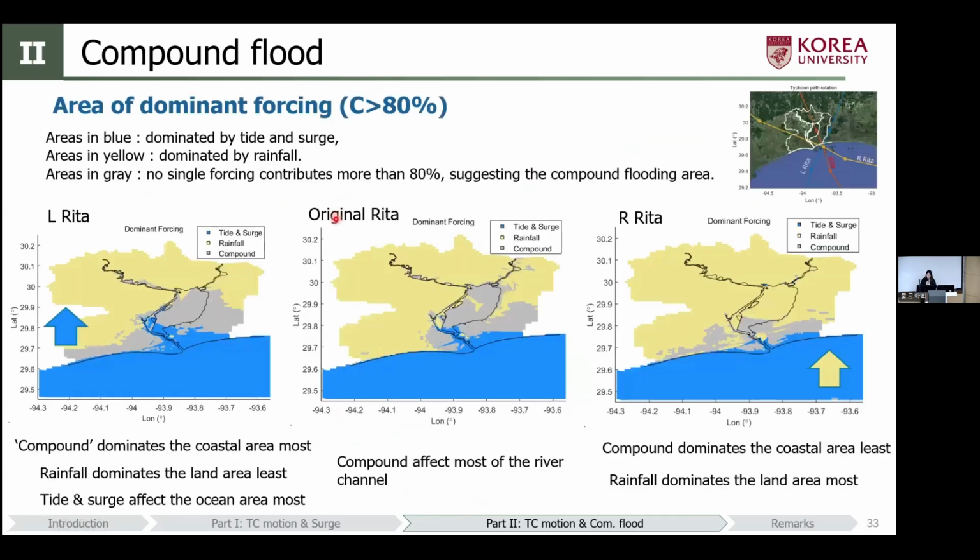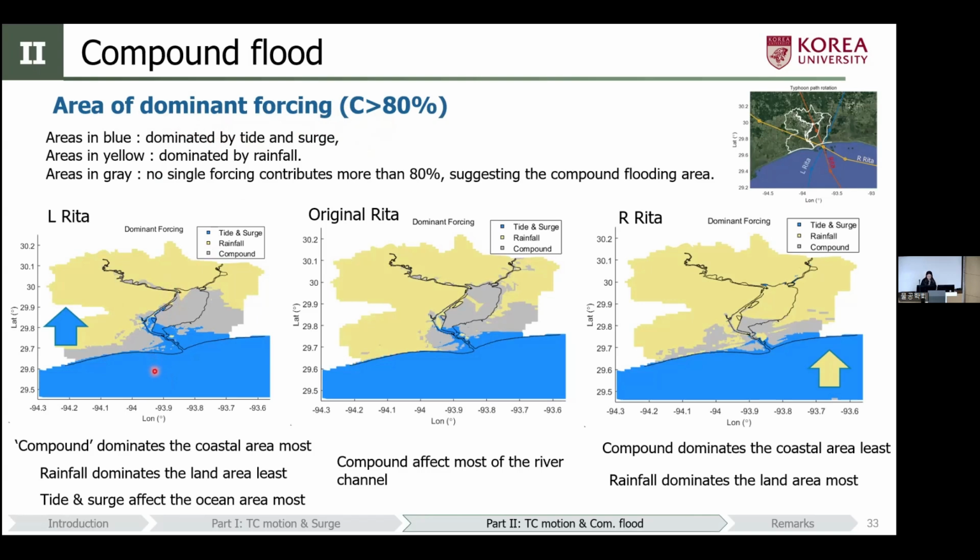And this plot shows the combination result from the previous C and D. So we choose the area of the dominant forcing, that means we choose the area with C larger than 80%. And then we plot this figure.